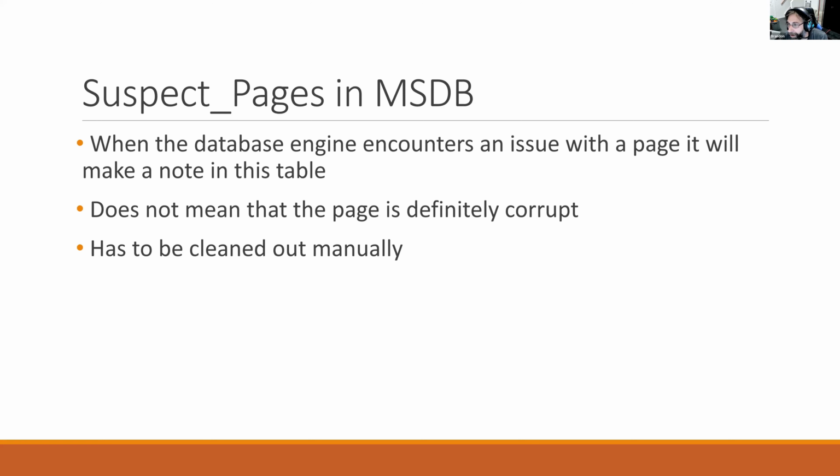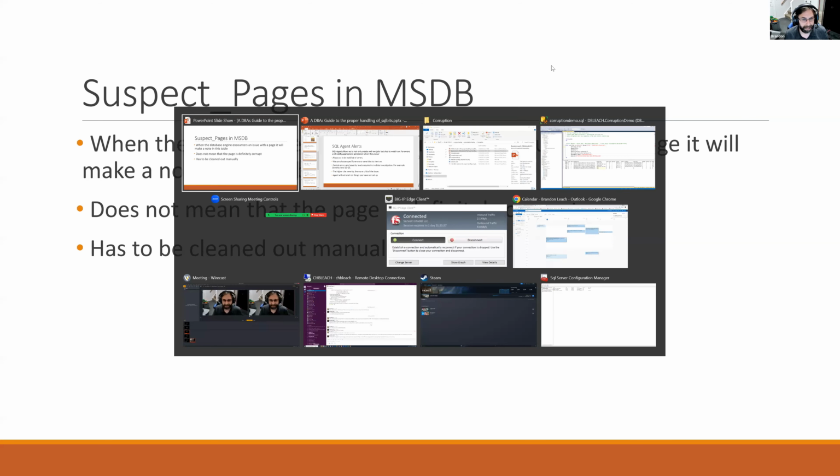0. If there are pages in here, we can monitor this table. If there are rows in here that weren't there last week, fire off an alert. Someone needs to look at this. And I'll show you an example of that.